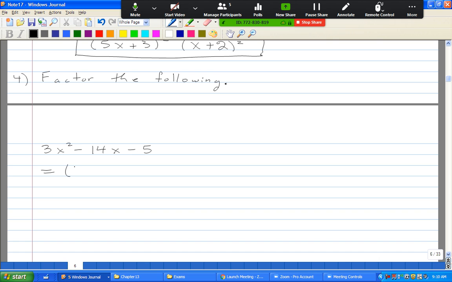Well, actually, that factors easily as 3x plus 1 times x minus 5. And so I get 3x squared minus 15x plus x is minus 14x minus 5. Let me do problem number 5.